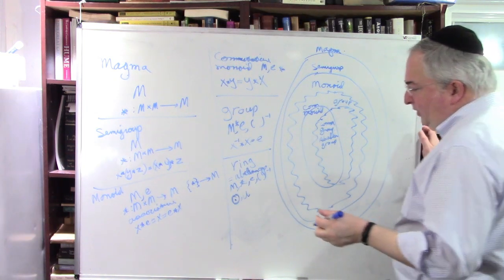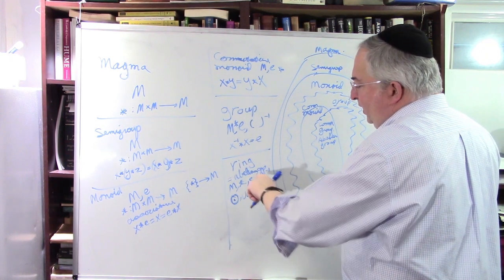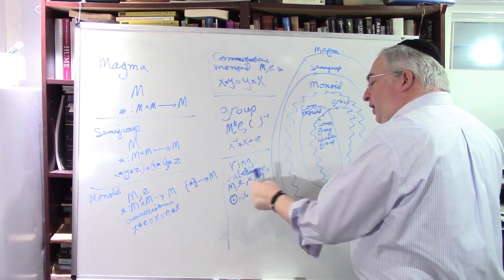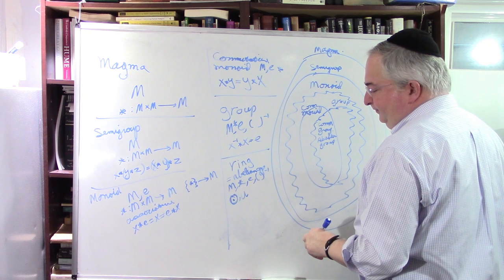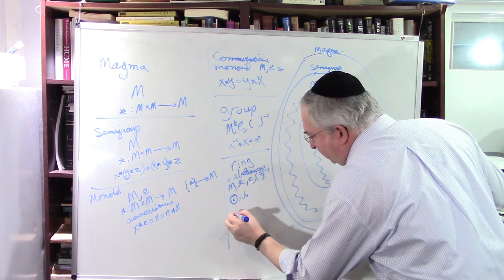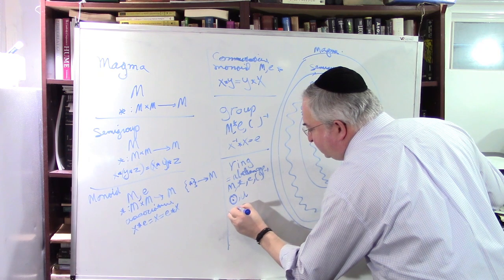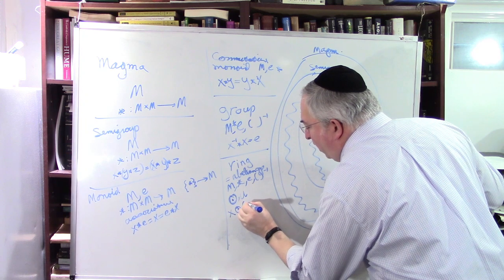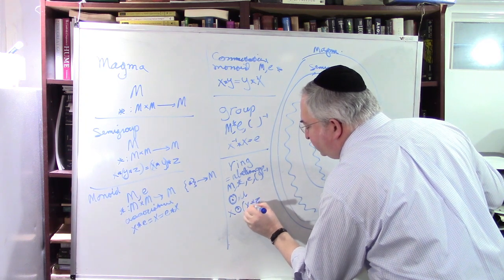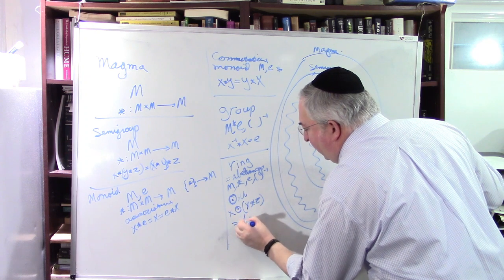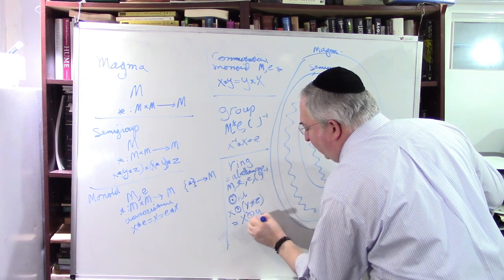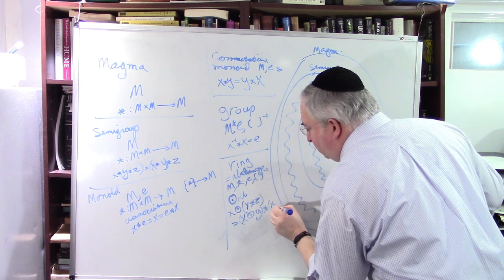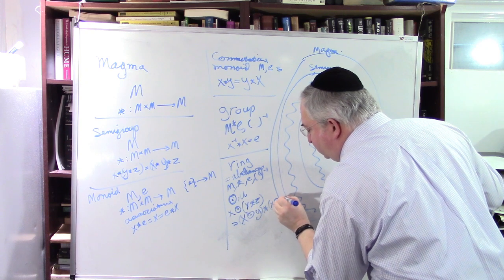There's a further requirement, namely, distributivity. So let me say what that means. X circle dot of (y plus z, or y star z) is equal to (x circle dot y) star (x circle dot z).